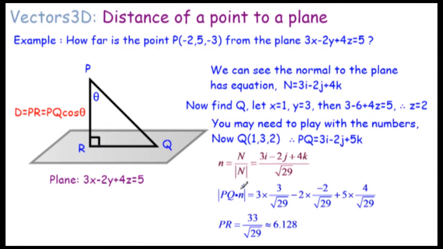We multiply corresponding components: 3 over root 29 times the corresponding component of PQ, which is 3, so 3 times 3 over root 29, and then minus 2 over root 29 times minus 2, and then 4 over root 29 times 5. This gives a length of about 6.128, exactly 33 over root 29, the length PR, which we're going to let equal D. You can see the plane over here, which we used to get the normal.